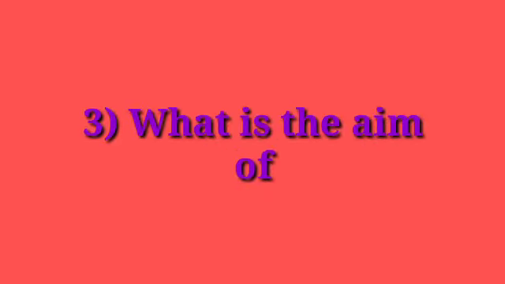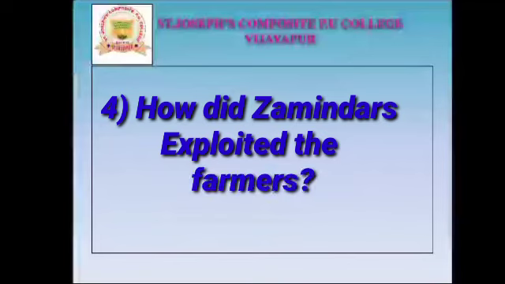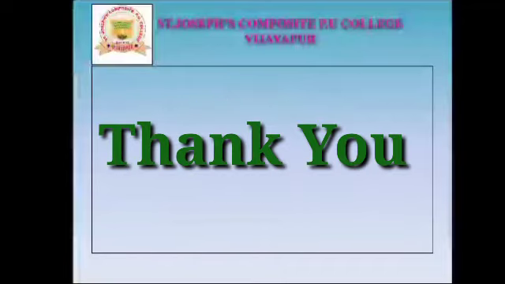Third one, what is the aim of land ceiling? Question number four: how did the zamindars exploit the Indian farmers? So these are the questions. You need to write the answers neatly. Thank you.